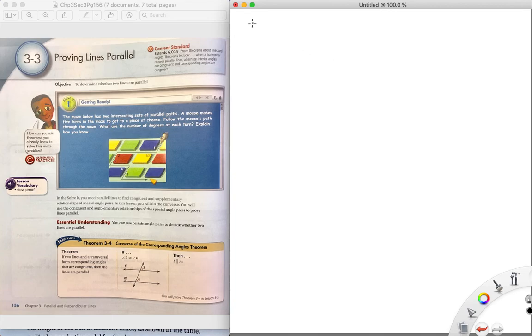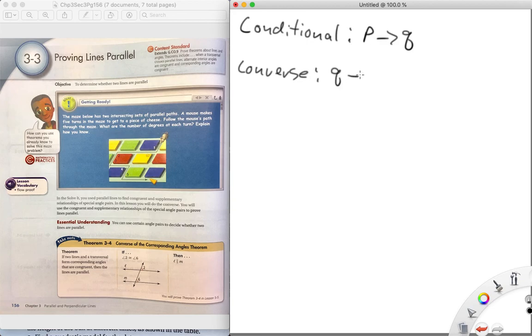And if you remember from chapter 2, a conditional was in the form of if P then Q, where P was your hypothesis and Q was your conclusion. And the converse is the opposite of that: if Q then P, where your conclusion is first and your hypothesis is last.